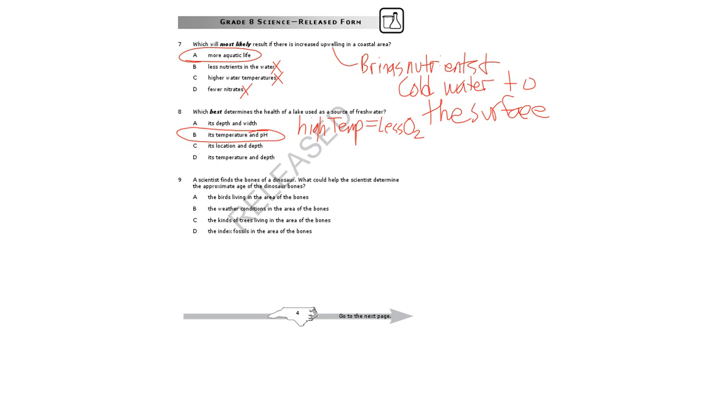And if the pH is too high, remember that's how acidic or how basic. So if it's too high or too low, which would be basic, that's bad. So you would look at the temperature and the pH.